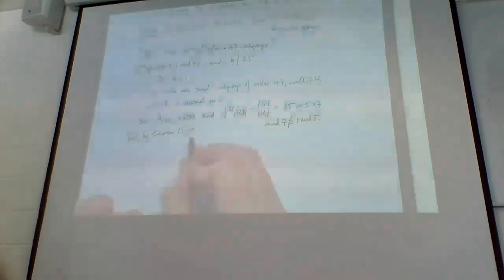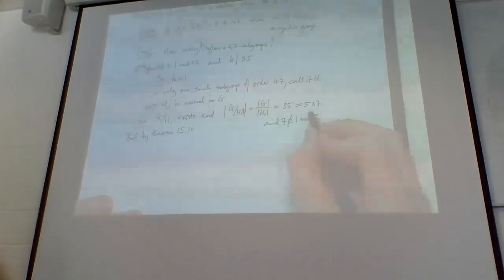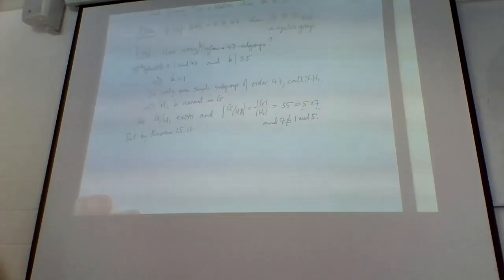Theorem 15.10 spoke about groups whose order was a product of two primes, where the larger one was not congruent to 1 modulo the smaller one. And the conclusion was that G was cyclic.